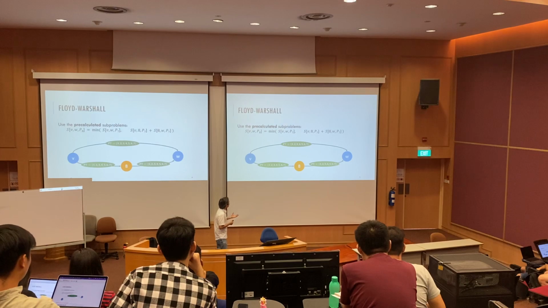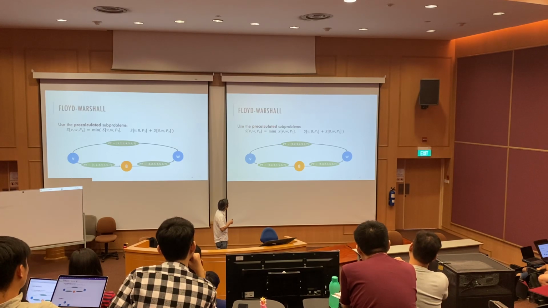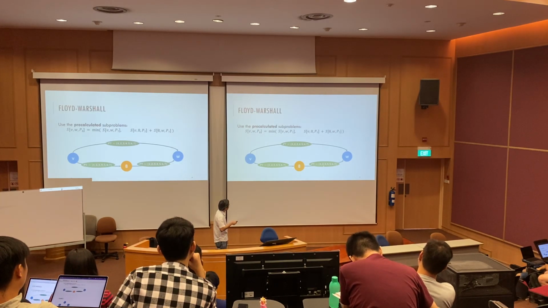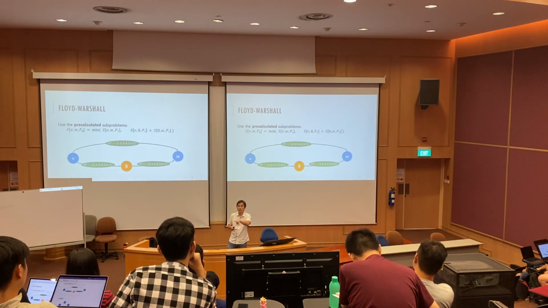So you want to know whether it's better to go direct from v to w using P7, or you have to use P8, which is P7 plus 8, and then from 8, using P7, to w. So these are the two possible choices that we have, and we want the minimum of the two.